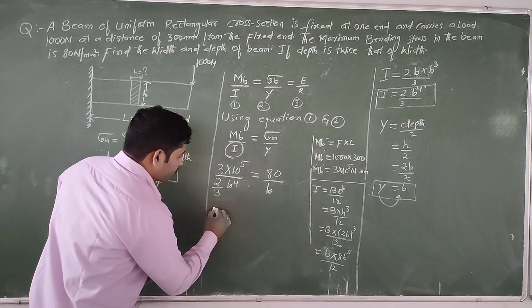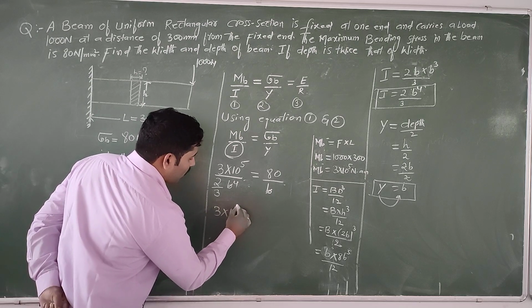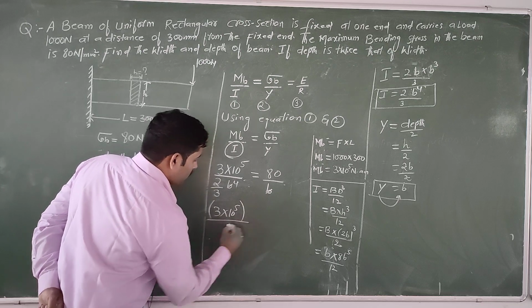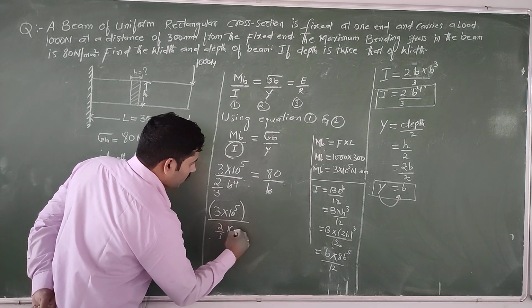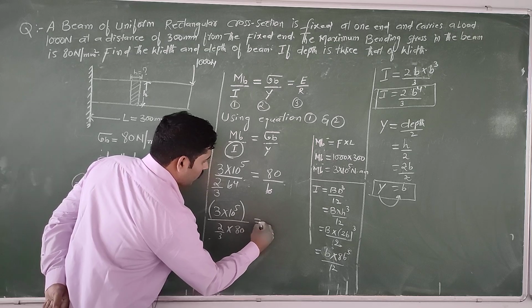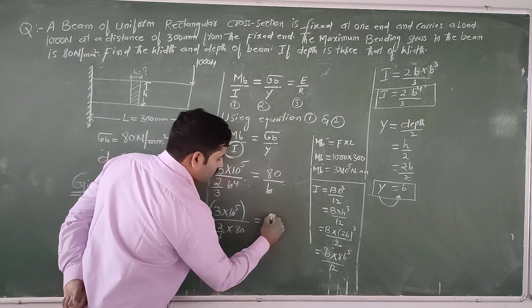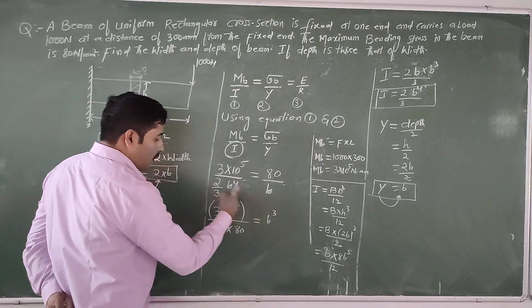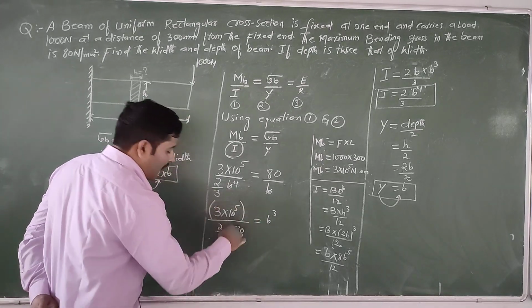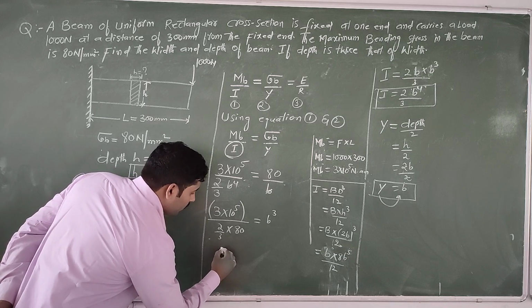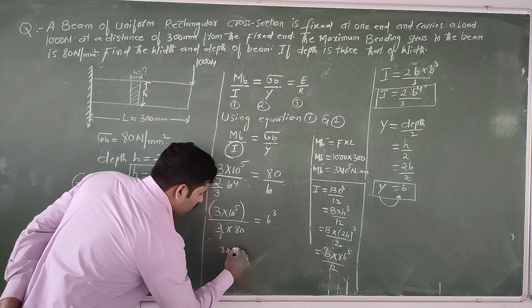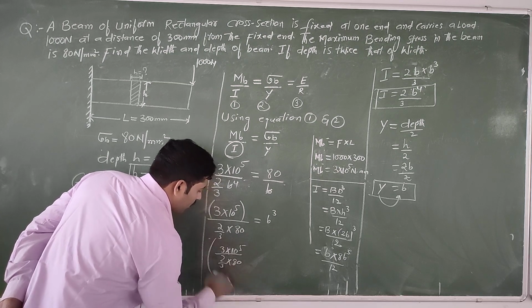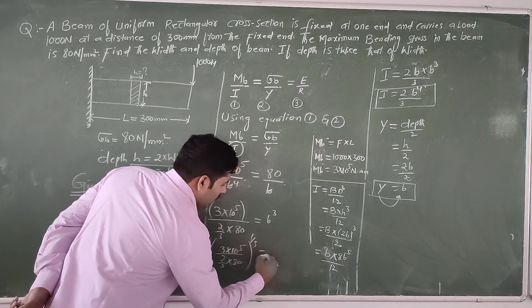Then 3 into 10 power of 5 by 2 by 3 into 80 equal to b power of 3. If you remove the cube, it becomes power 1 by 3. So 3 into 10 power of 5 by 2 by 3 into 80, power of 1 by 3, equal to b.